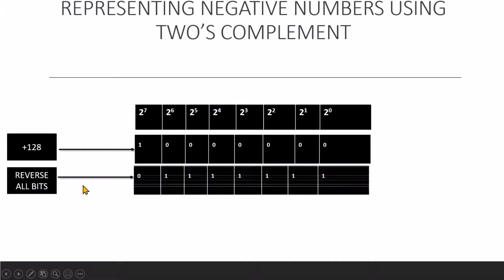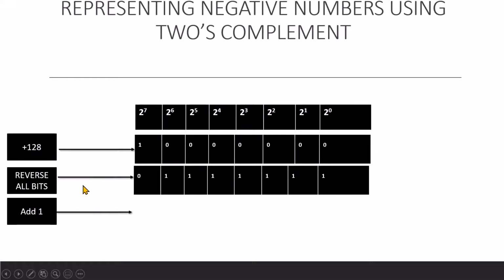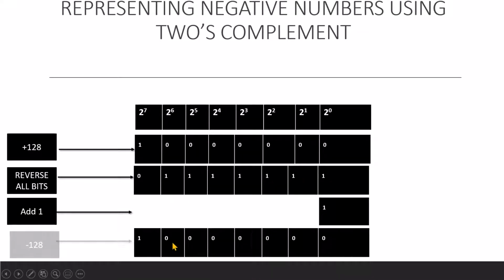All ones become zeros and all zeros become ones. They add 1 to this number. Now when we add 1 in binary, 1 plus 1 is 10, which means a 0 is placed here and the 1 is carried over. If we do that, we get this result, which you can see now is negative 128.